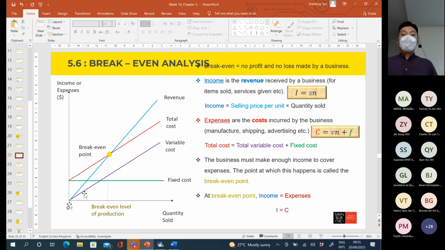What are examples of variable cost? Let's say the business is producing a soft drink, cola. The raw materials to produce cola, like sugar and water, are variable costs for producing cola.